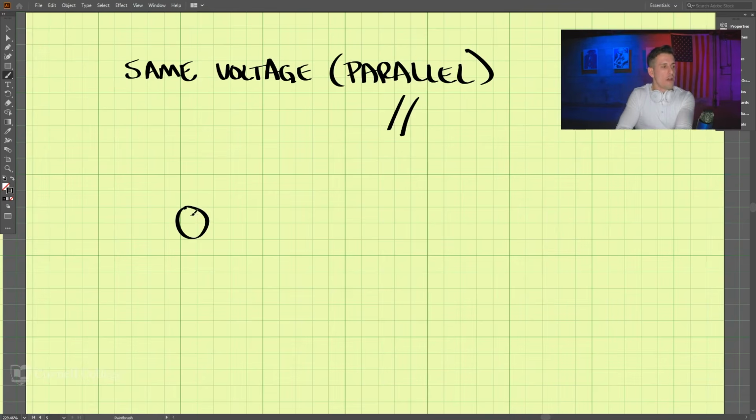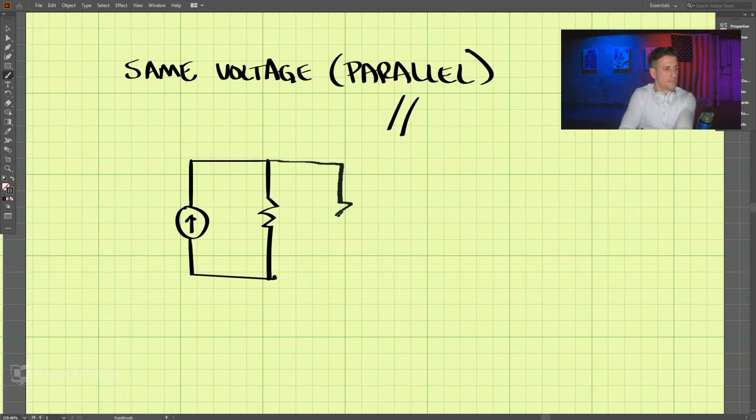So if we draw a circuit, and we have a current source and we have R1 and R2.